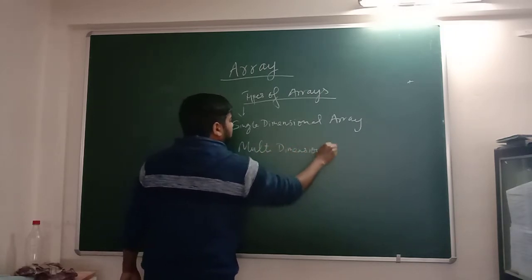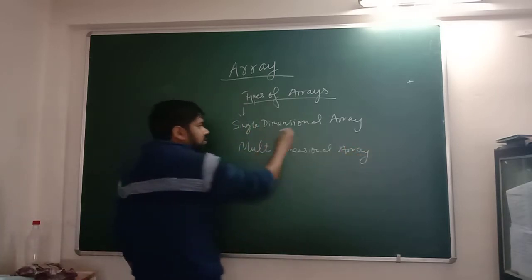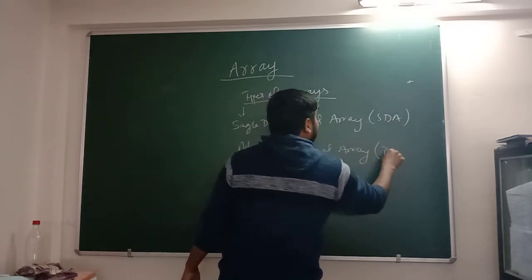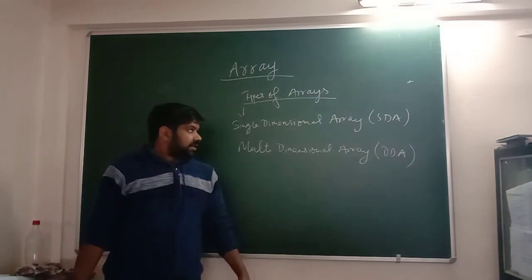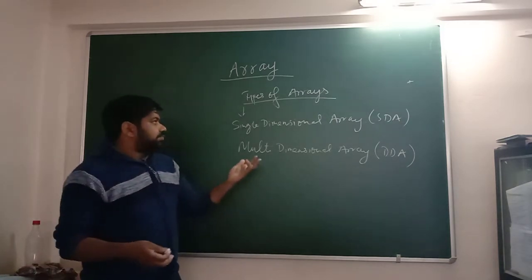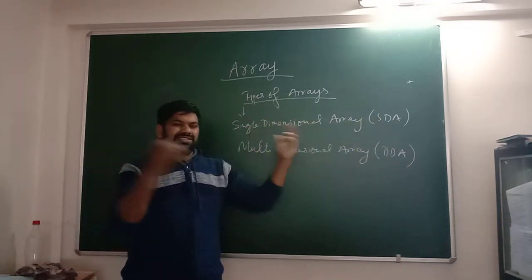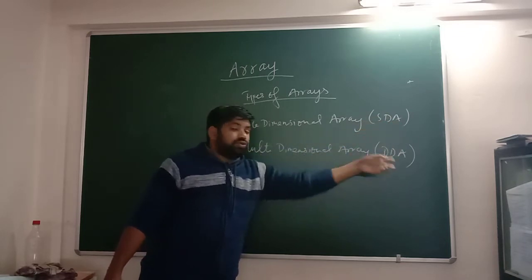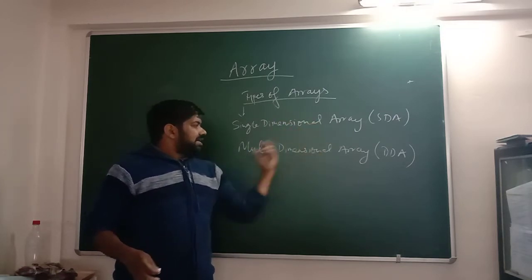We can also call them SDA and DDA. Double dimensional array is also known as multi-dimensional array. Sometimes in your exam questions it comes in the form of SDA, not written out in full, just as an abbreviation, SDA or DDA. So you need to understand SDA is a single dimensional array and DDA is a multi-dimensional array.